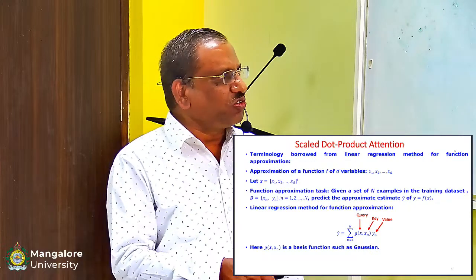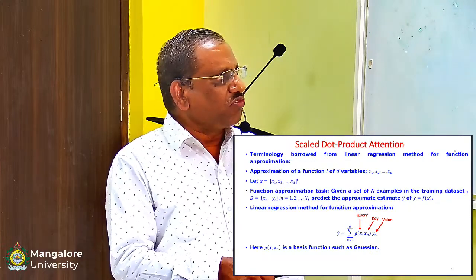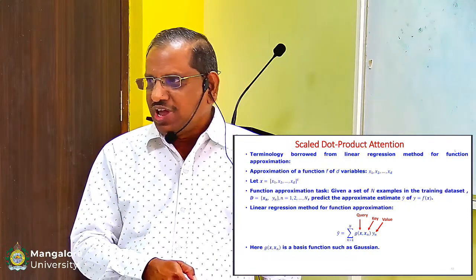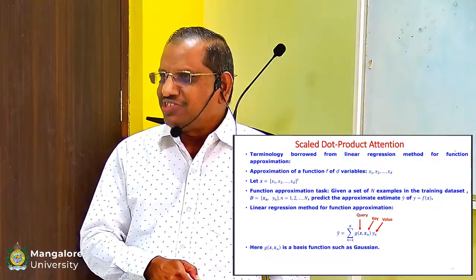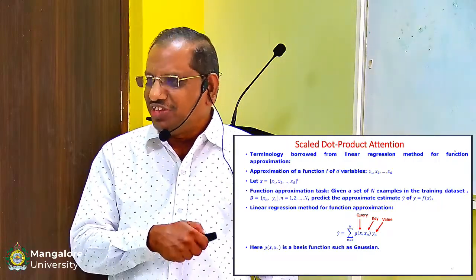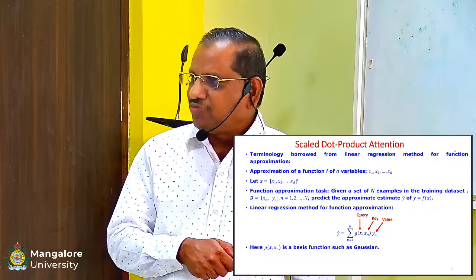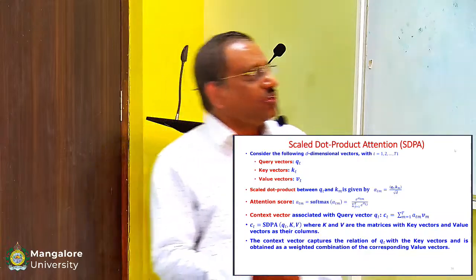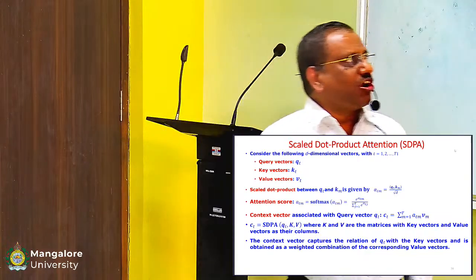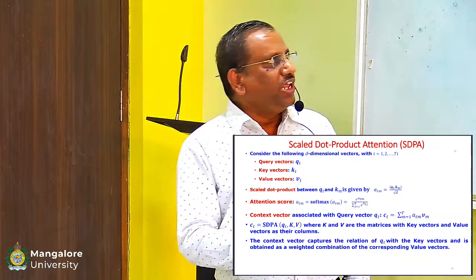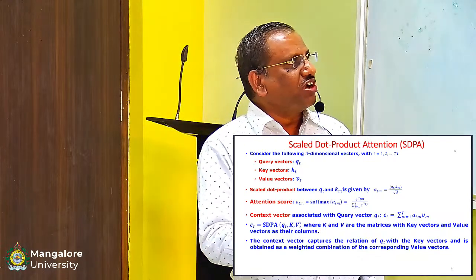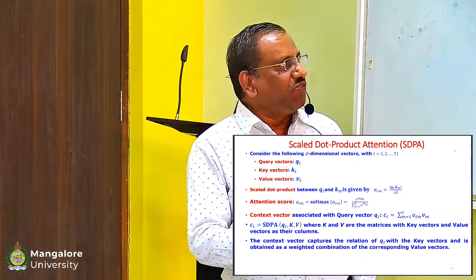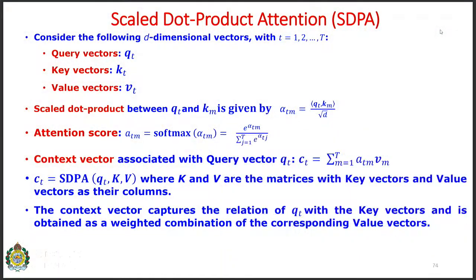I just want you to note that there are three terms called the query, key and value, and as we see quickly, these are the three entities that we will be dealing with extensively in these transformer models when we perform this attention task. Basically, the scaled dot product attention deals with these three different entities: the query vector, key vector and the value vector, and each of these is derived from the elements in the sequence.